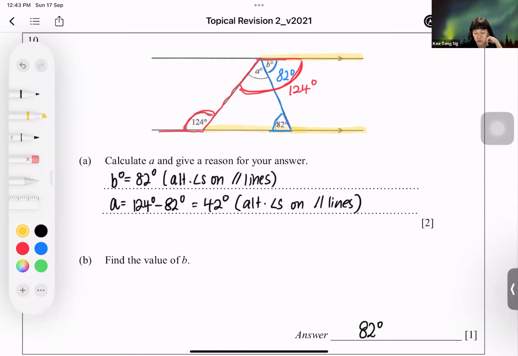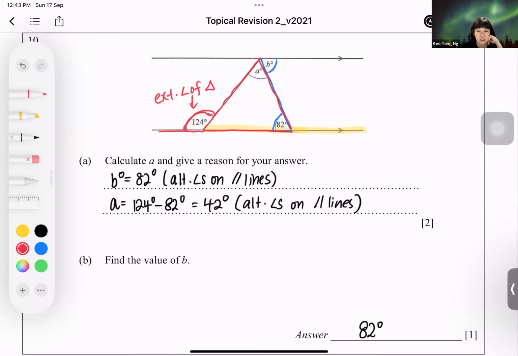Angle A, now notice this angle A over here, let me erase this a little bit. Inside this question, this is actually a triangle, and this is the exterior angle of the triangle. So this is the angle that is outside.